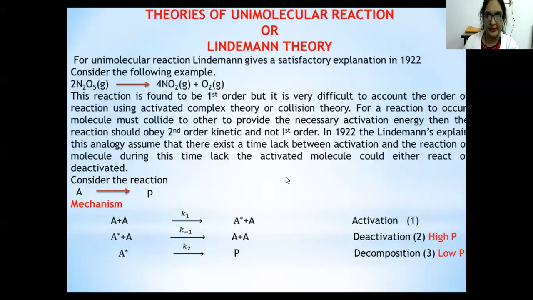But what is the mechanism for the unimolecular reaction? The mechanism for the unimolecular reaction is well explained by the Lindemann theory. Because when we consider the collision, at least 2 reactants are required.